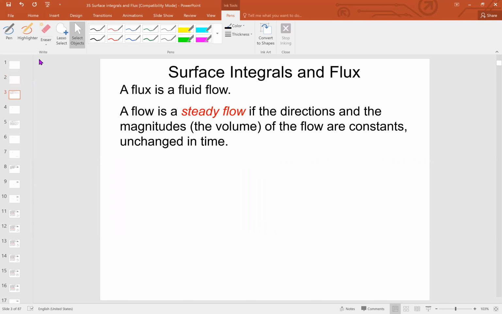In all the discussions, we're going to assume the flow is a steady flow. What we mean by a steady flow is that it doesn't depend on time. That is, the flow is the same at each individual point in the three-dimensional space we're talking about.